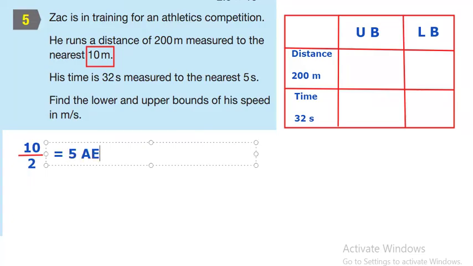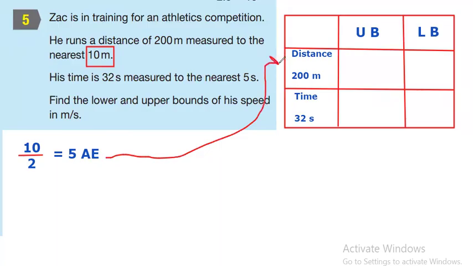And 5 is the absolute error of what? Of the distance. So we're going to use the 5 with the distance, add and subtract to find what? Very good, to find the upper and lower bound. Good job. So what do we do with the absolute error? Very good. We add it to the original to get the upper bound.